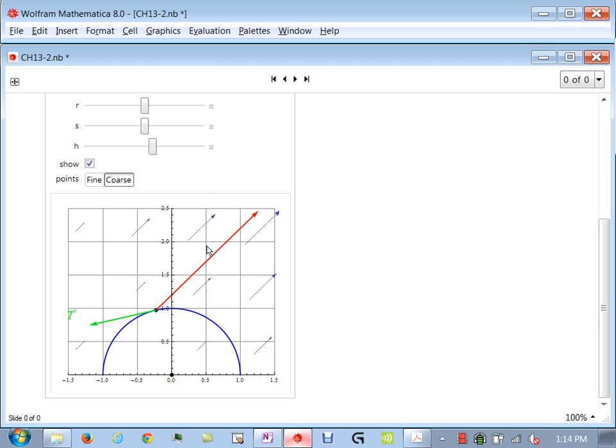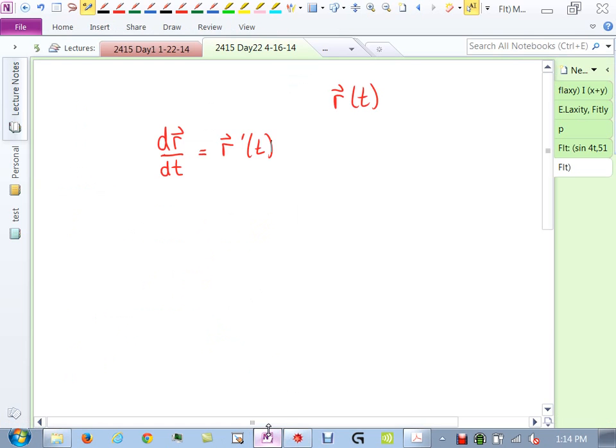Does anyone remember the formula for the dot product? There was a formula that involved the trig function cosine theta. If you take a vector u and dot it with v, u dotted with v is equal to the magnitude of u times the magnitude of v times cosine of the angle, where the angle is the angle between the two vectors.